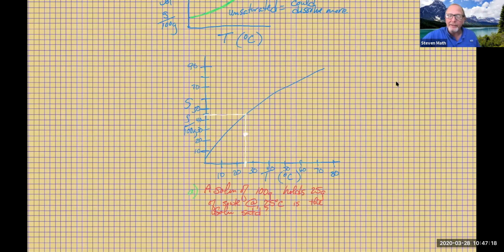So that's unsaturated. We're okay. We're under the curve. So 25 grams is unsaturated. When would this be saturated? This would be saturated at 45 grams. So there's a sample calc.